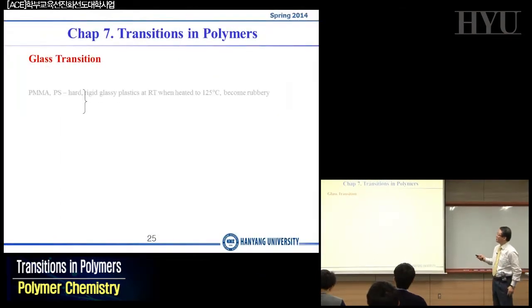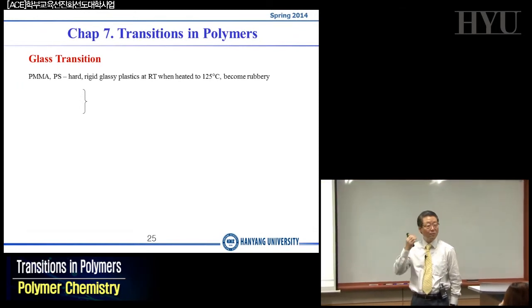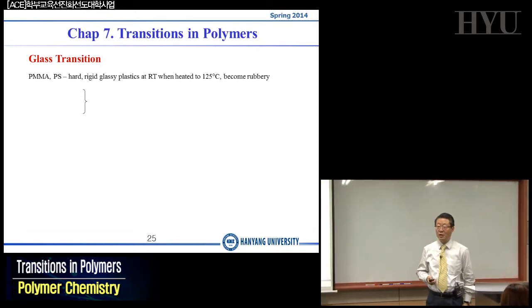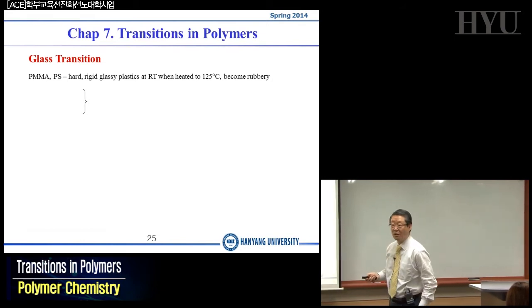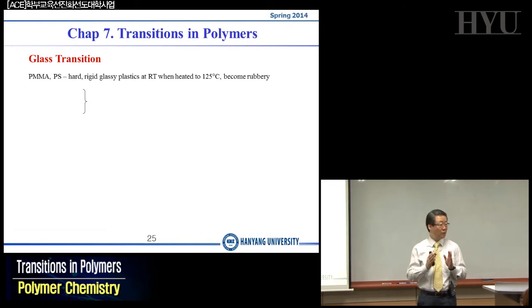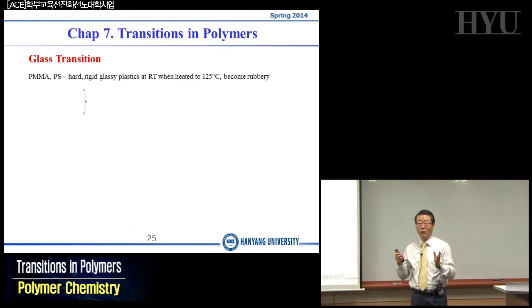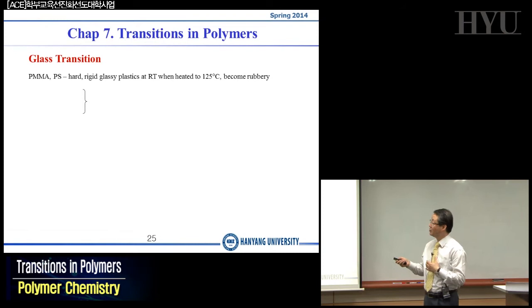First of all, glassy polymers such as polymethyl methacrylate or polystyrene are regarded as very hard materials at room temperature. Okay, at room temperature, these materials are pretty glassy, pretty easy to break. Therefore, Tg, the glass transition temperature of these materials, should be higher than room temperature.